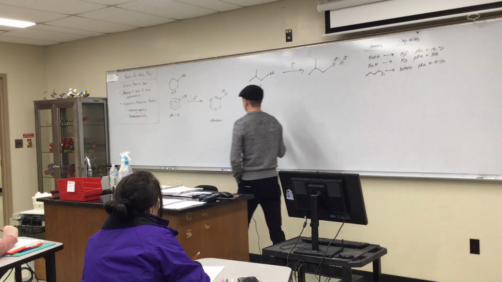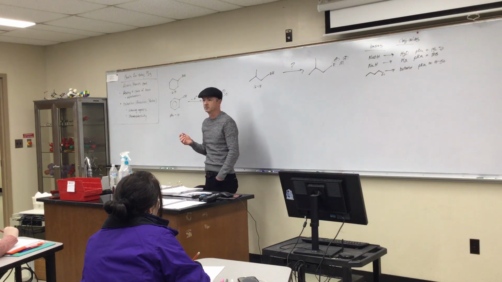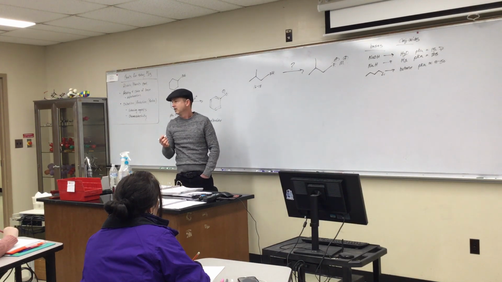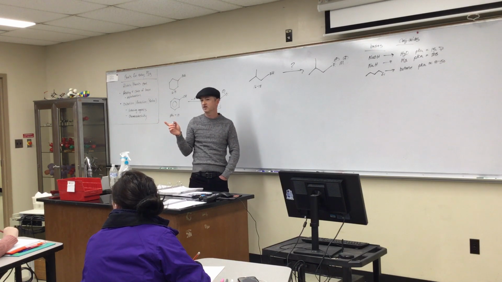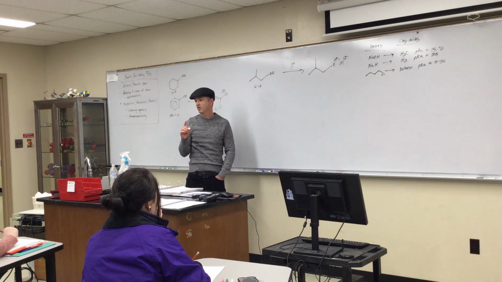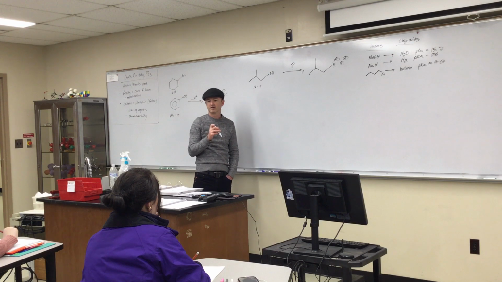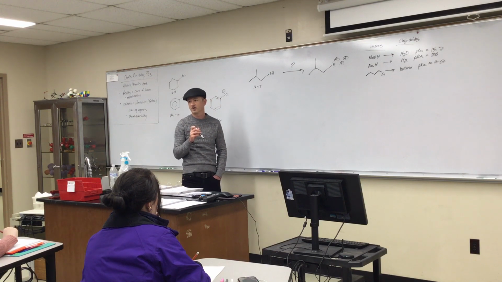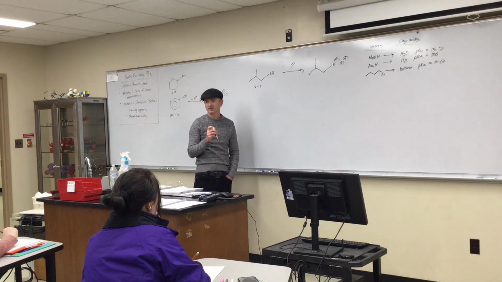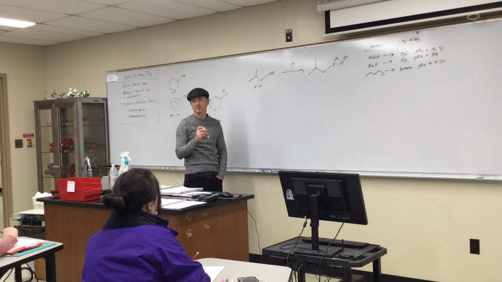How does it work? What does it produce? It produces hydrogen gas as the conjugate acid, but what's the basic species? Sodium has what charge on it, Hunter? What charge does sodium get?